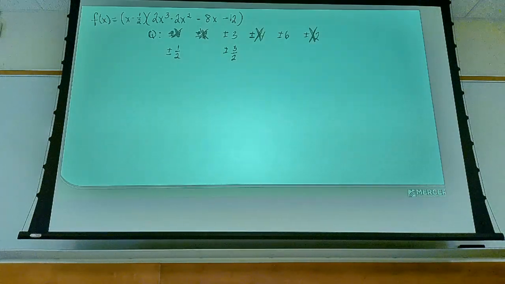Check it again. 2 times a half is 1. That's minus 1. Oh dear. Minus a half. Oh yeah, this is not going to work. What about 3 halves? Minus 8 minus a half. Negative 17 halves, right? Yeah, that's definitely not going to work.